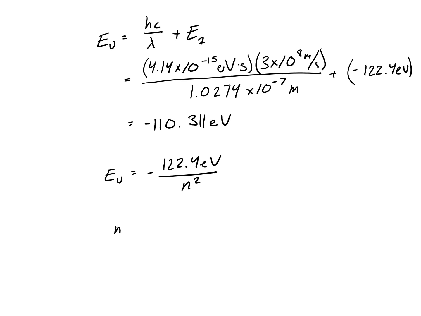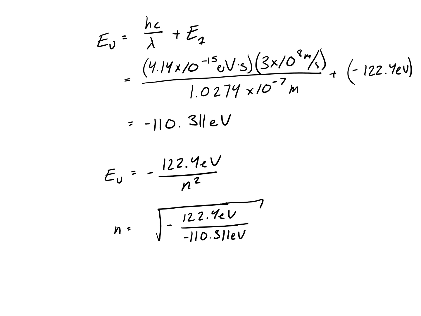N has to be equal to a whole number. So I'm just going to take my ground state divided by my new value that my electron would have. If I do this, I am going to get a positive number because both of my energies are negative.